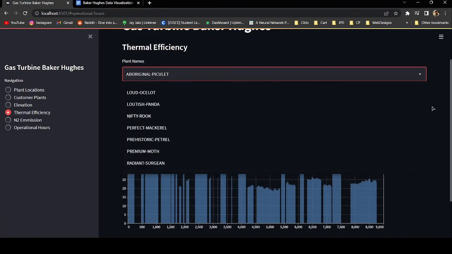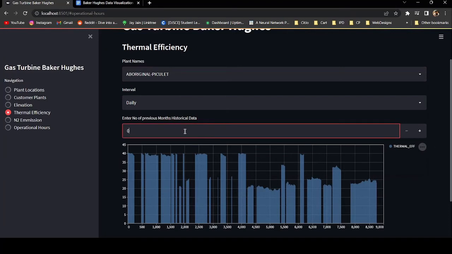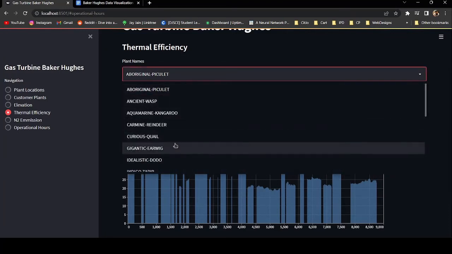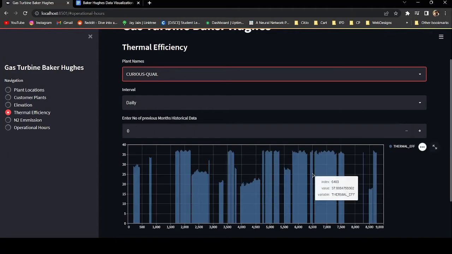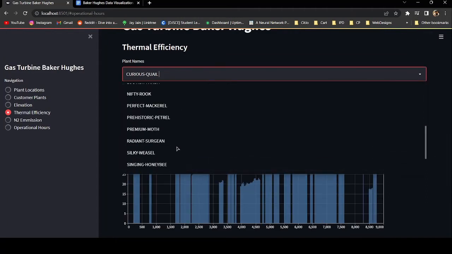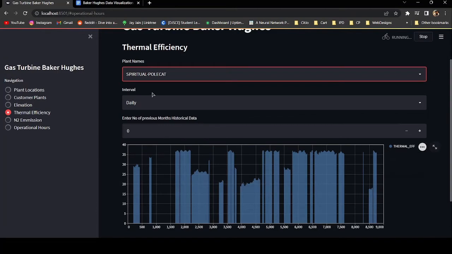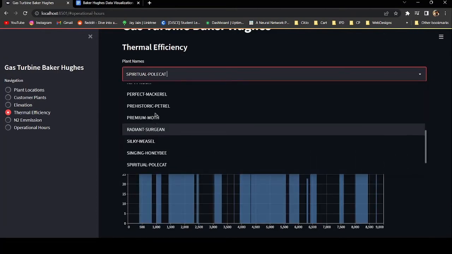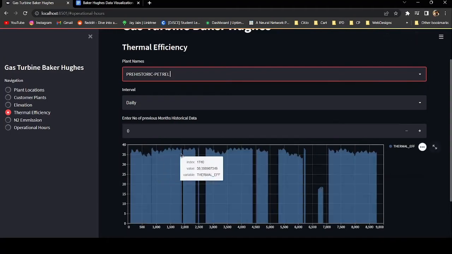They can choose the plant names, the time duration, and the period: daily, weekly, monthly. That was our goal, and it was quite evident that Spiritual Polecat and Prehistoric Petrel had the best average thermal efficiency throughout the year. That was the inference we got out of that.